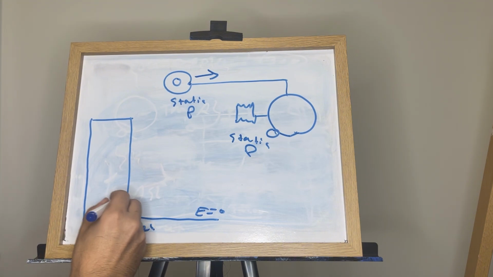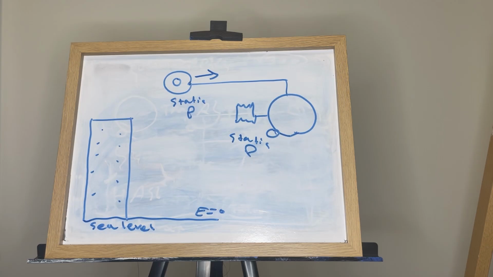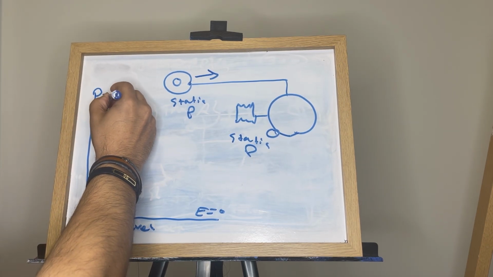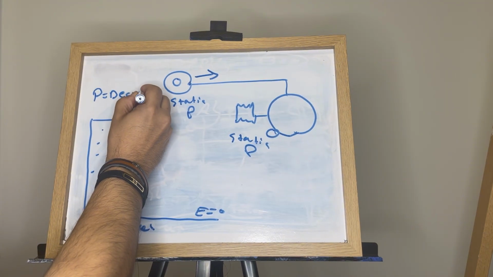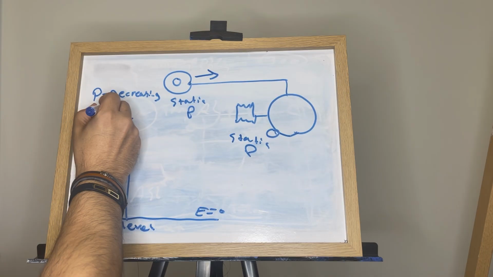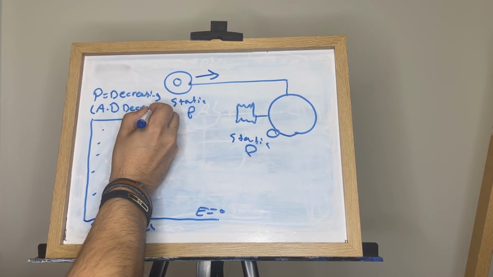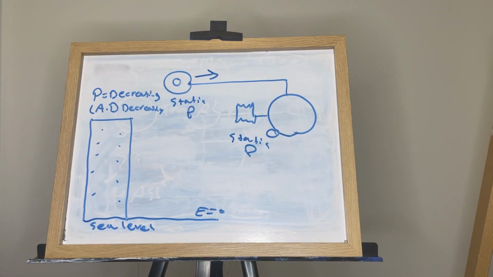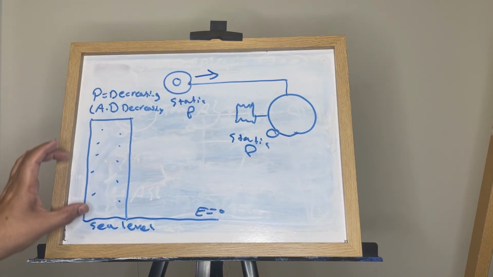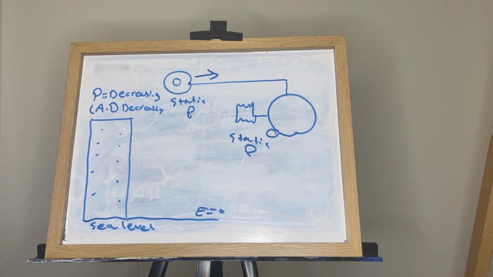In higher altitude, due to the air density being less, pressure is decreasing, and air density is decreasing. Because there is a lot of room between air molecules, air density and pressure decrease.